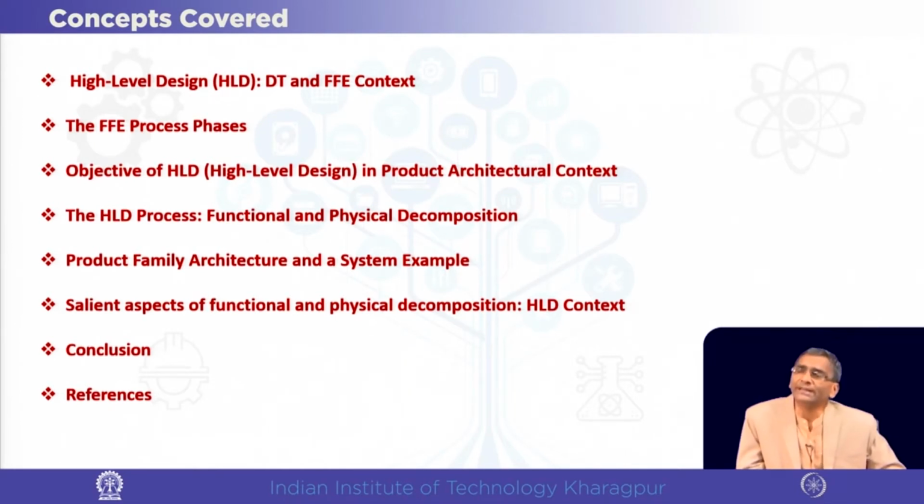So, there may be n number of variants, and that is a kind of product platform or product family. We may look at it as a particular product, or as a product family with n number of variants. If we just take one variant, say variant number 3, that will be just one product.